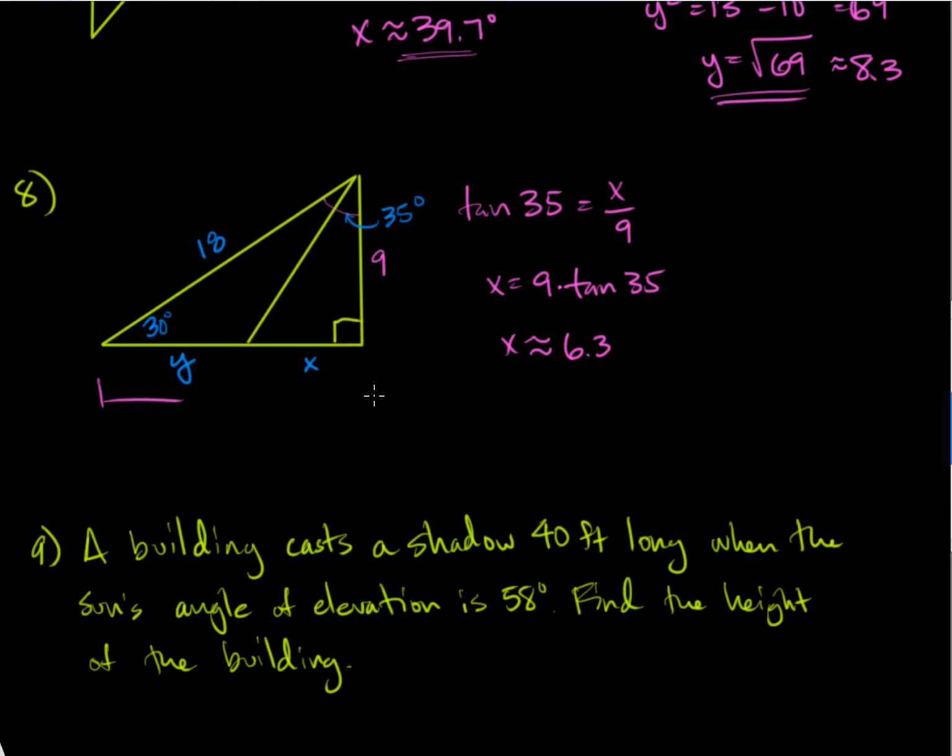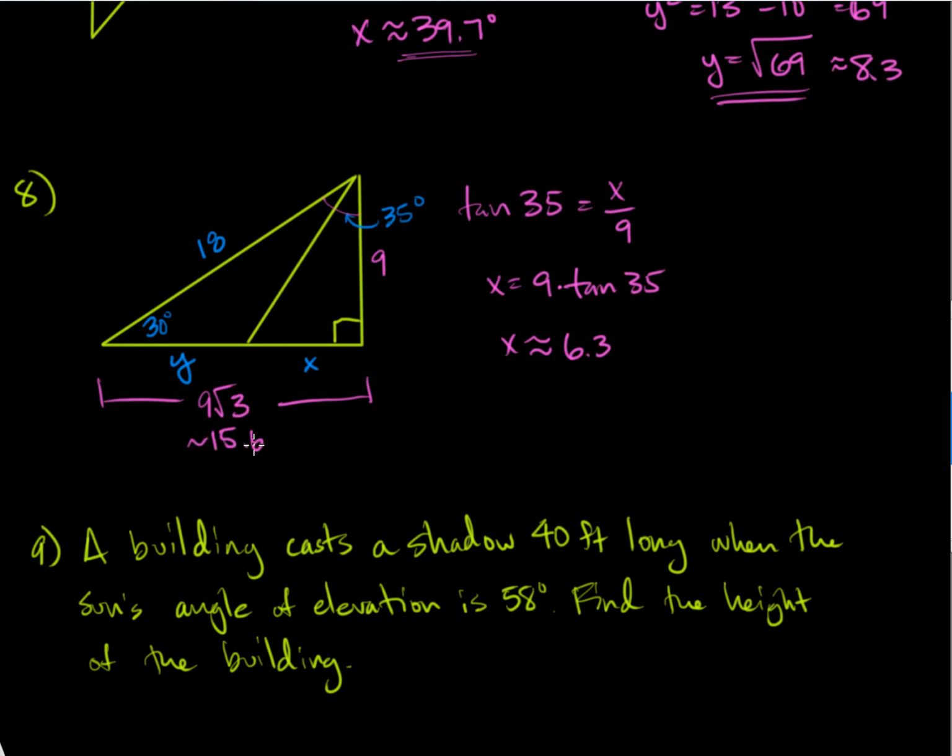Now this whole side right here, that's the long leg of my 30, 60, 90 that I was talking about a few minutes ago. So that will equal the short leg times the square root of 3. And 9 times the square root of 3, if we're going to turn that into a decimal, is going to be about 15.6.